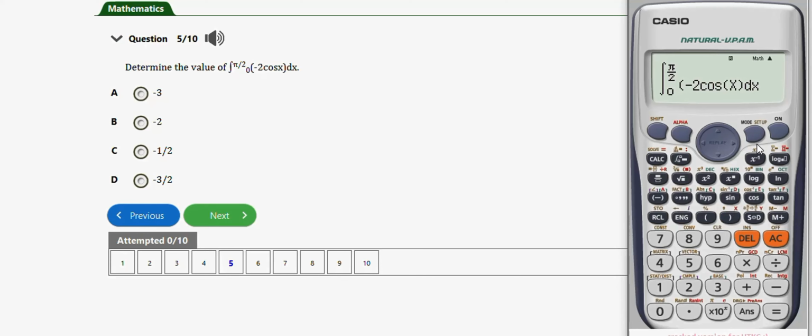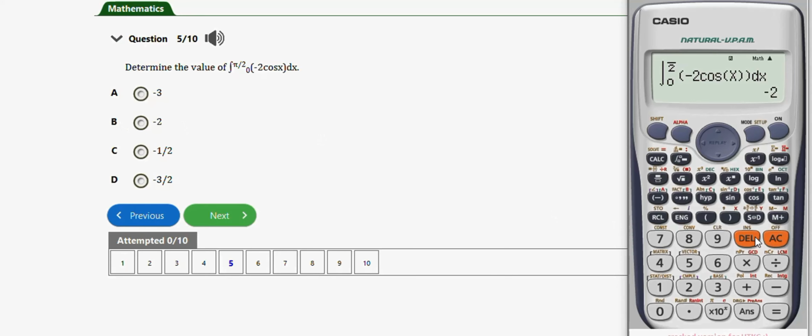So you have to balance the bracket here, guys. To balance it, we have 2 brackets at the left, one at the right, so we add an extra one here. It's very important, guys, so that we don't have syntax error. So let's press equal to now. The output is negative 2, option B, the right answer.